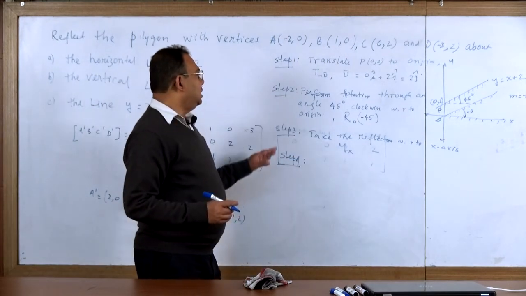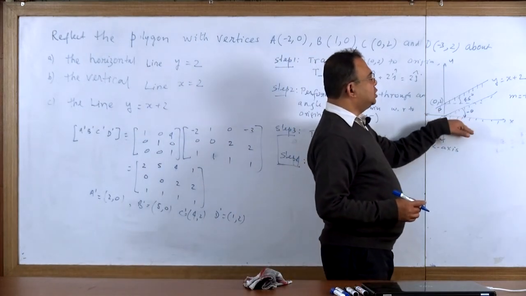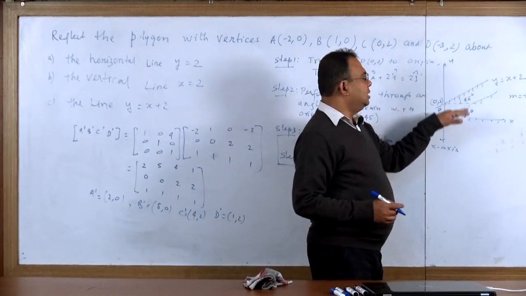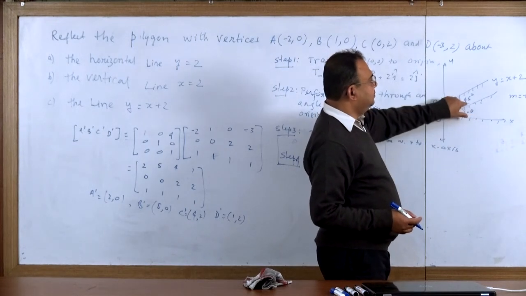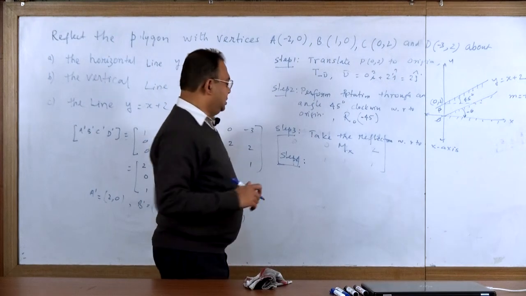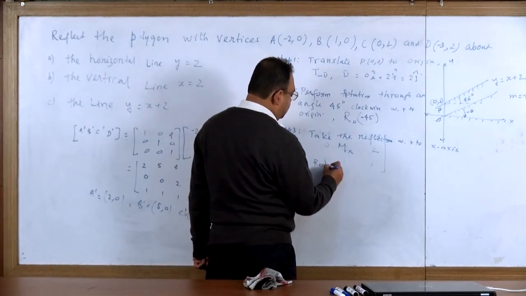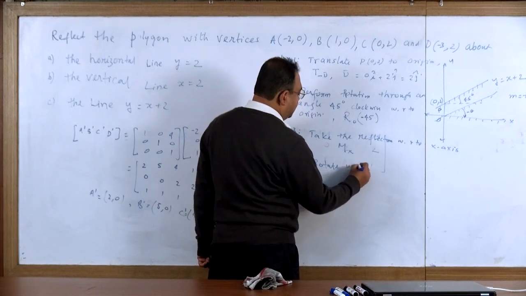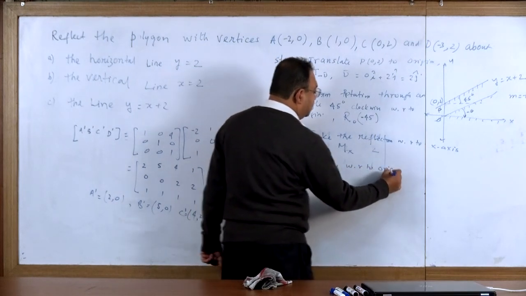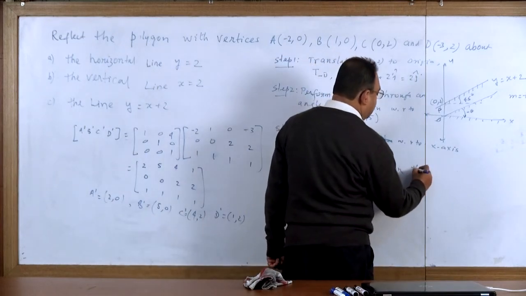And step 4, this is the inverse of step 2, because after the reflection we have to restore the original configuration. So we have to rotate through an angle 45 counterclockwise, with respect to origin.